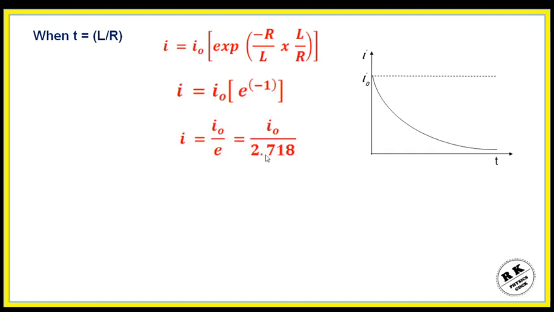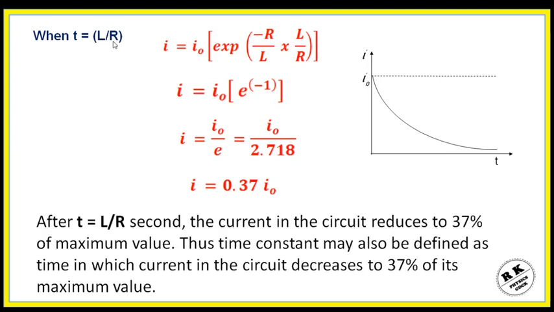If we substitute the value of e, which is 2.718, we get I is equal to 0.37 I naught. That means after t is equal to L by R, the current in the circuit will be equal to 37 percent of the maximum current present at the beginning.